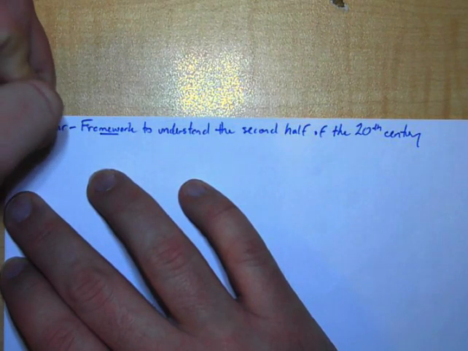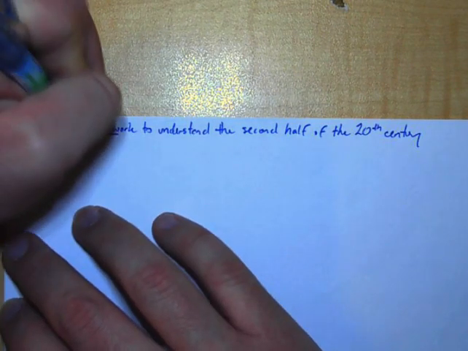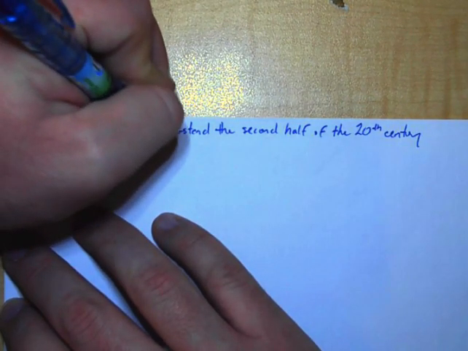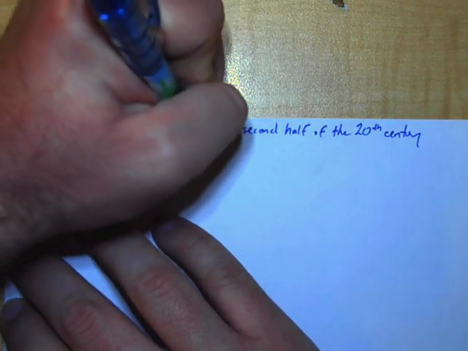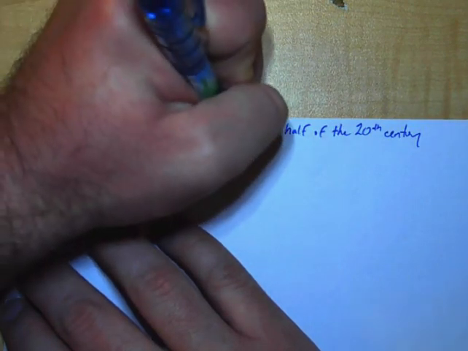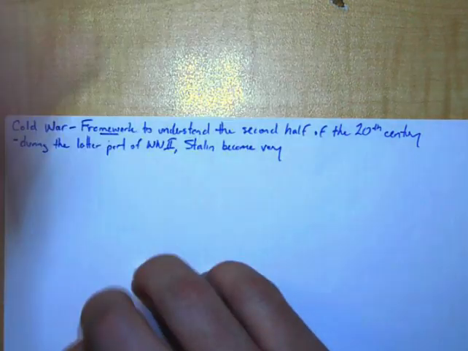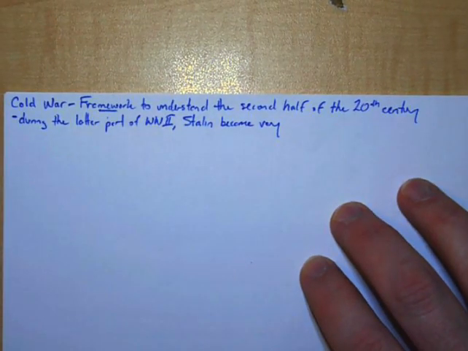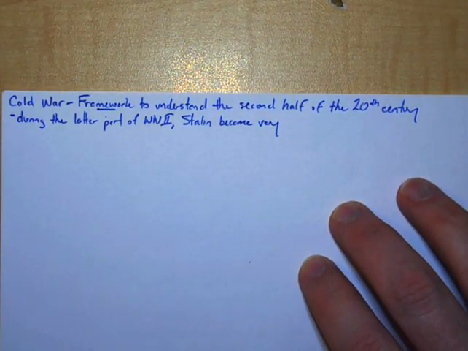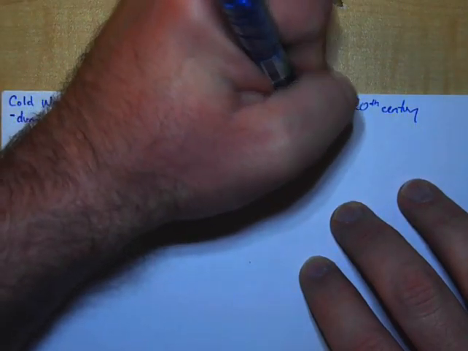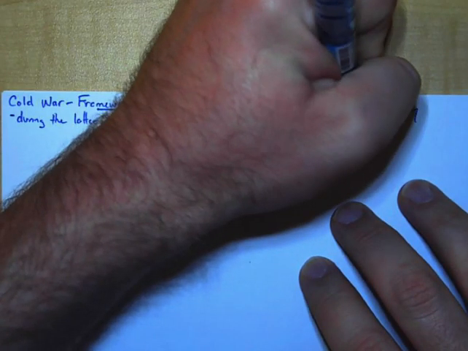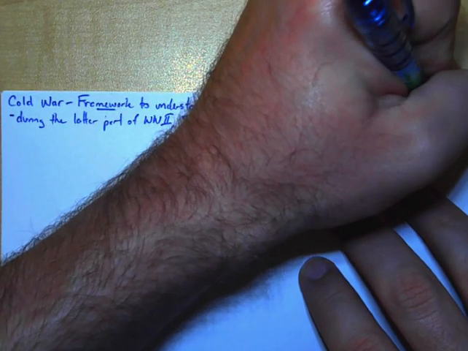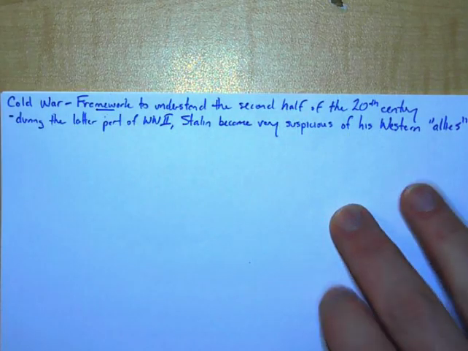During the latter part of World War II, Stalin became very suspicious of his Western allies.